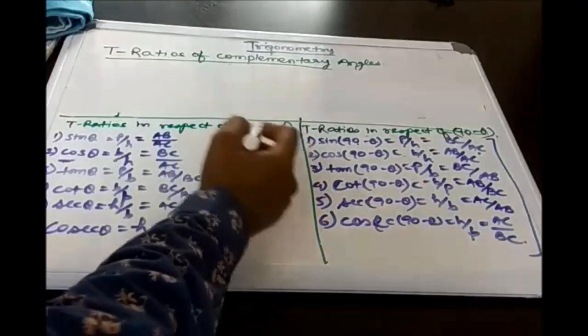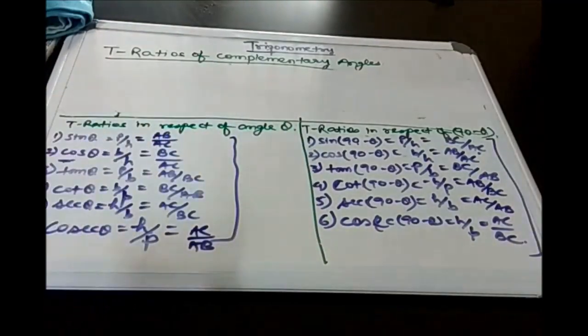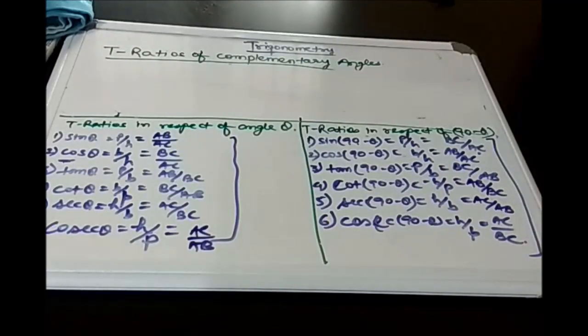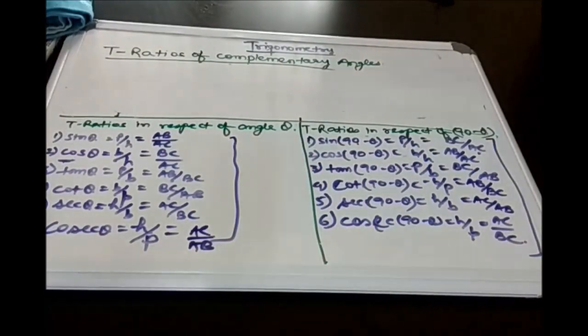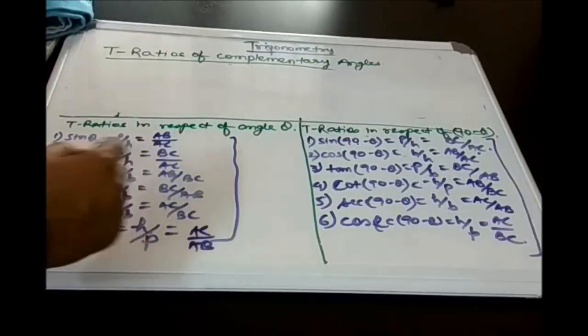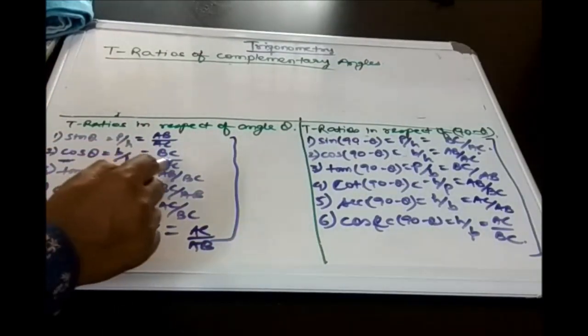So now we have written the trigonometric ratio in relation to the theta and its complementary angle, that is 90 minus theta. And by comparing the two sides, we will be getting the results. So first we will compare sine 90 minus theta. Sine 90 minus theta is BC by AC. And cos theta is BC by AC.